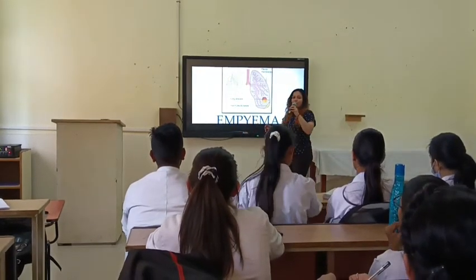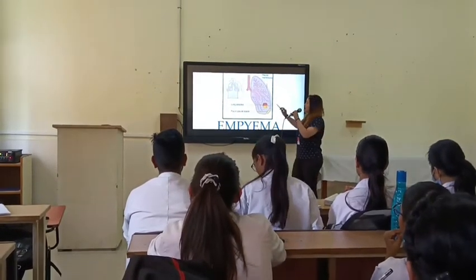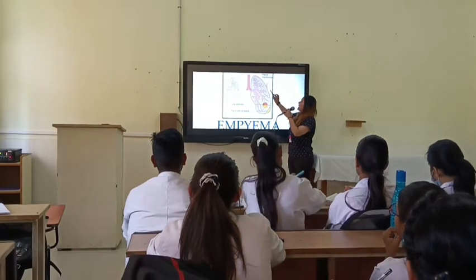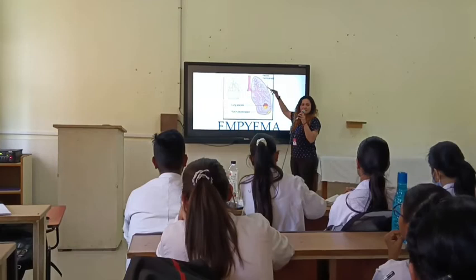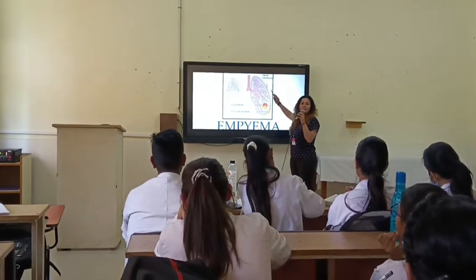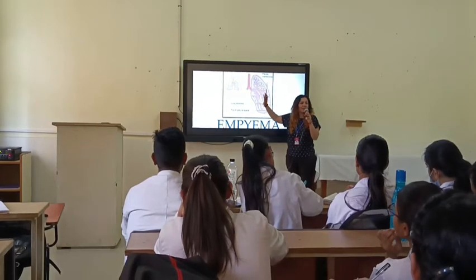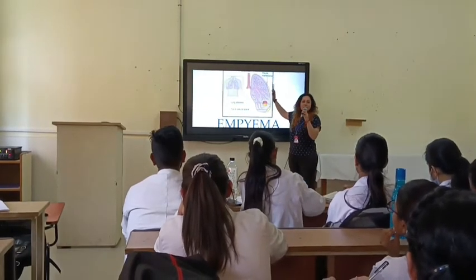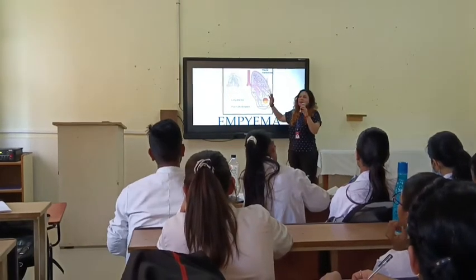The pleural cavity or pleural space is a space between the visceral pleura that covers the lungs and the parietal pleura. The visceral pleura is the inner lining of the lung and the parietal pleura is the outside lining of your lung.